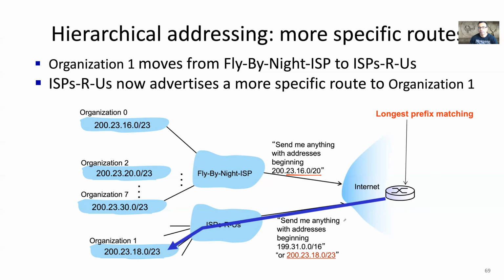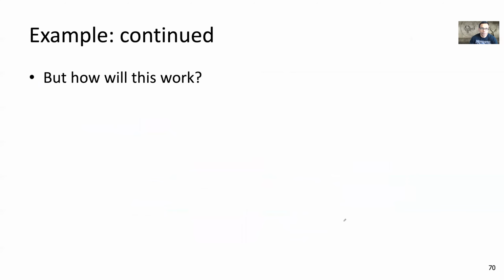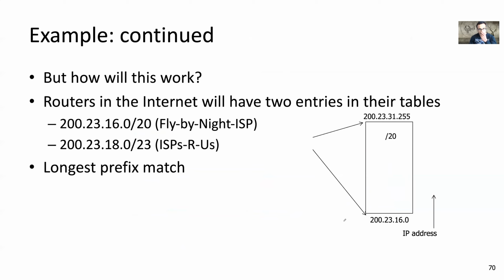And the way the routers do the matching, actually this will not create a problem. So let me explain why. What has effectively happened is we have this larger block that was being advertised by the original ISP. And now we have this customer who has moved to this other ISP, and this ISP is now advertising this more specific /23 block, right?